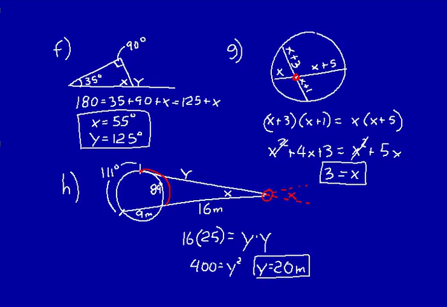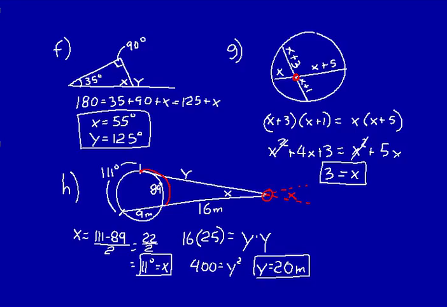And then we have that 111-degree angle for the other part of the intercept. So we say that x is equal to 111 minus 89 over 2. And so that's going to be equal to 22 over 2, which equals 11 degrees. That's what x is equal to, 11 degrees.